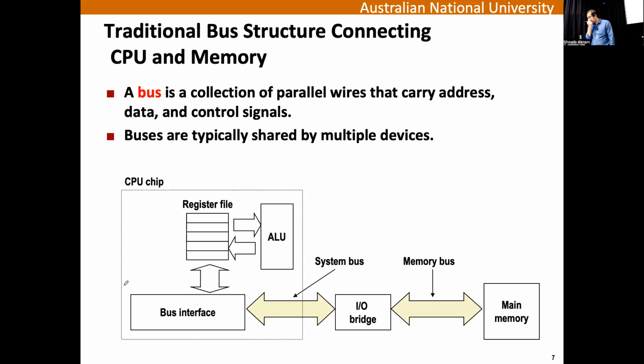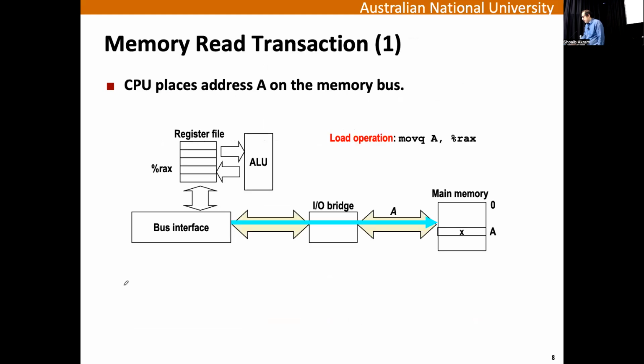So let's look at how CPU accesses anything stored in main memory. Suppose I have a load operation like this. So this is my address, and this is my destination.